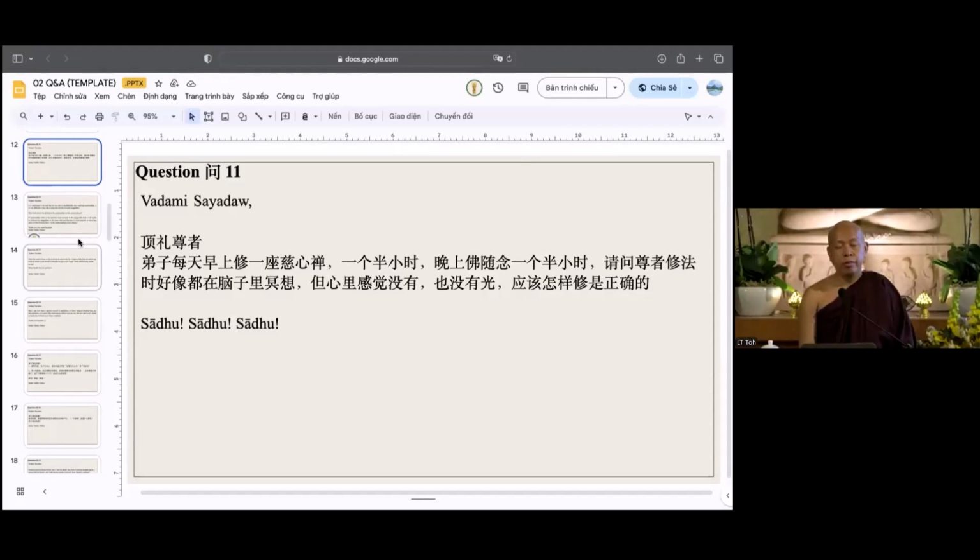At night, she spends 1.5 hours practicing Buddhanusati. He would like to ask: he finds that the brain keeps on meditating on these subjects, but the heart, the mind, doesn't have any feeling, and there is also no light. So what is the correct way of practice?